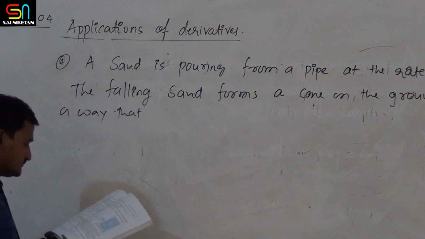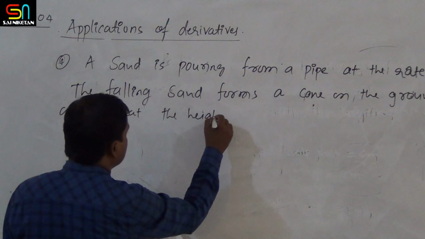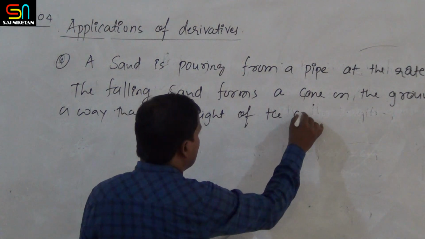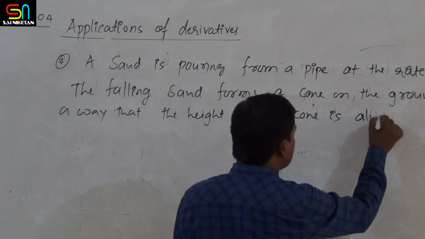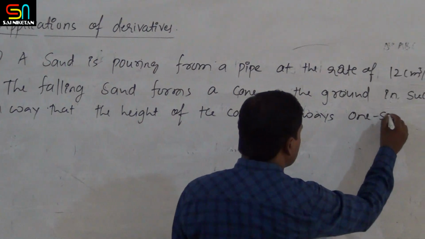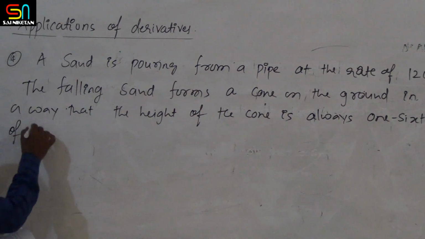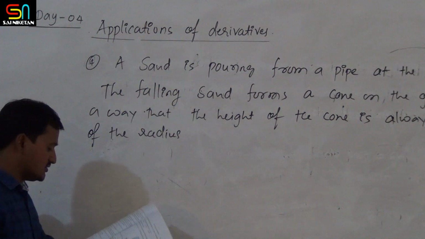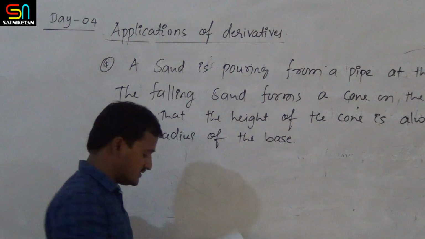the height of the cone is always 1/6 of the radius of the base. Is it right?